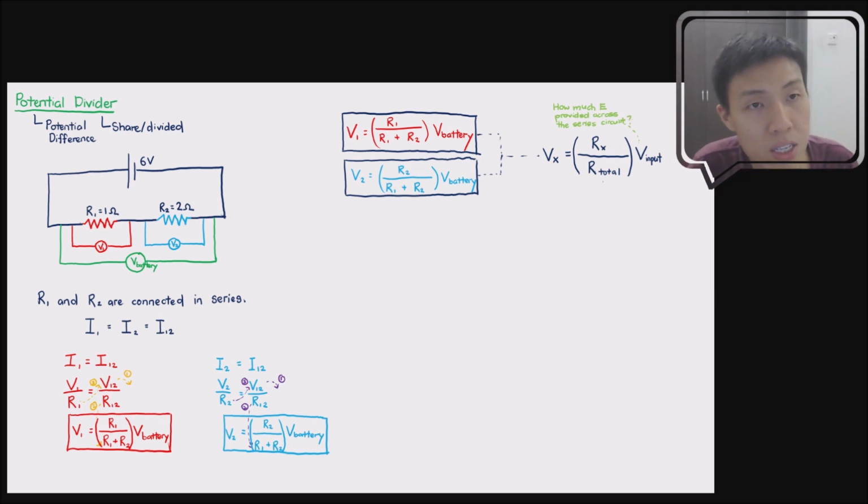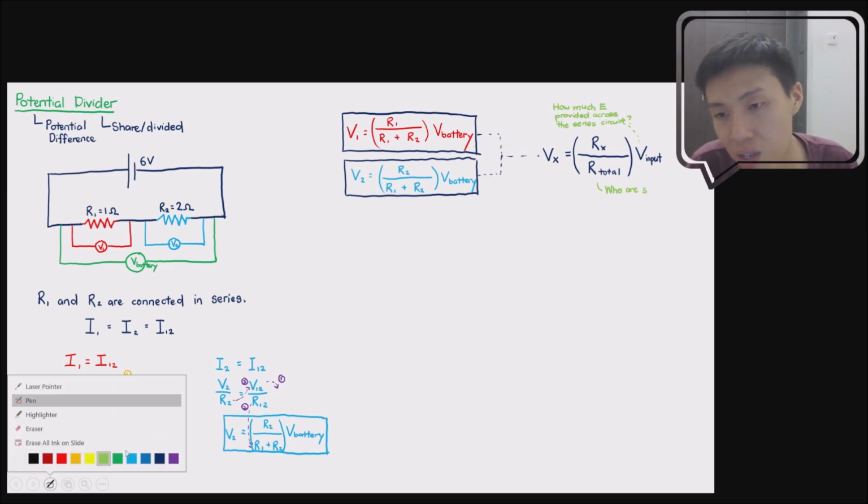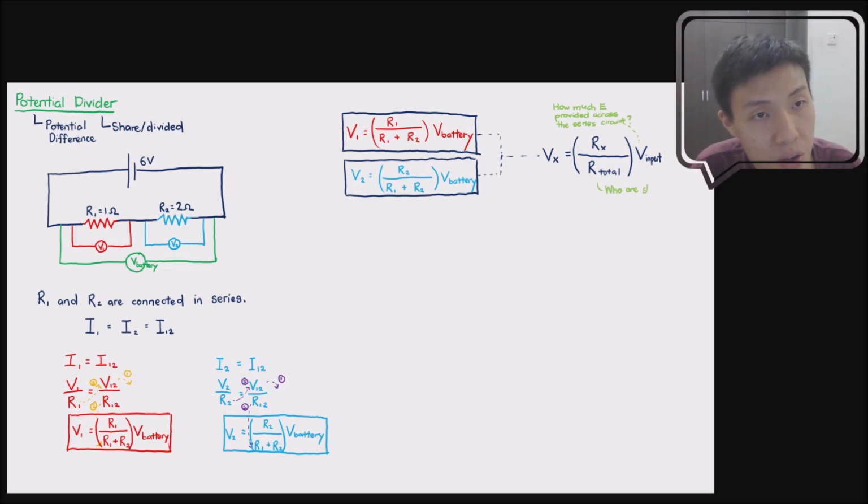Whereas this R total over here is who are maybe, because there's many, right? Who are sharing this energy. Okay, so these are the two important things you need to know.